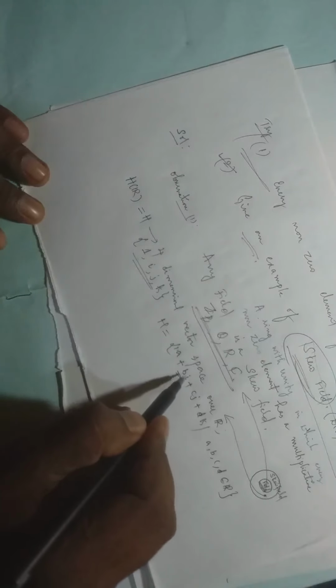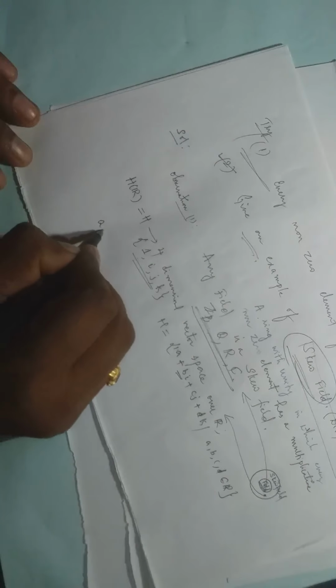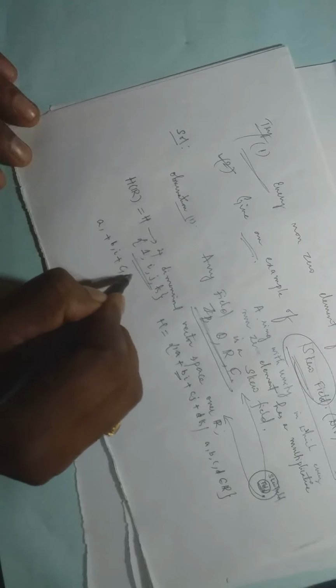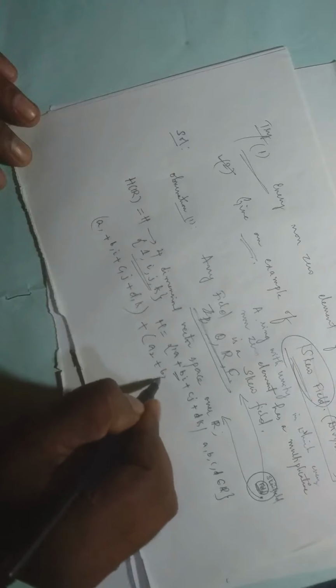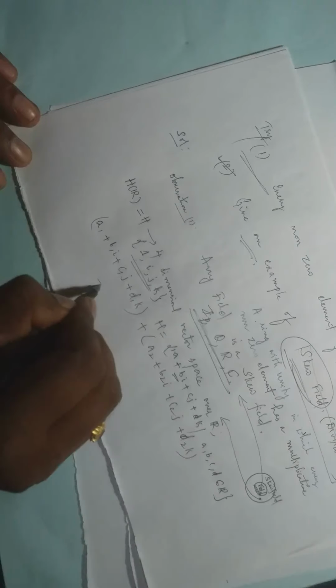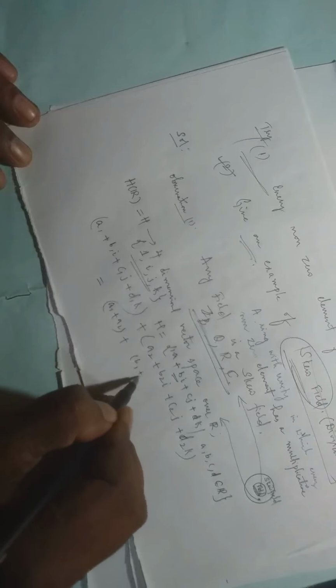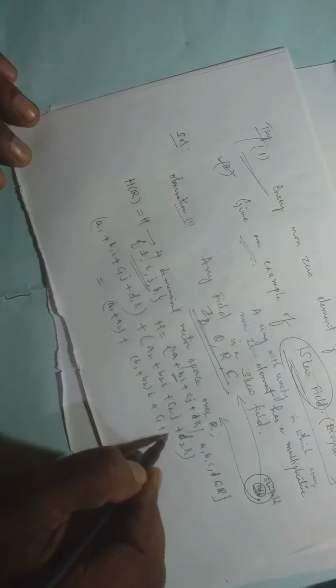Addition is defined as usual, component-wise. So if I have a1 plus b1 i plus c1 j plus d1 k, and another a2 plus b2 i plus c2 j plus d2 k, the addition is defined to be a1 plus a2, plus b1 plus b2 times i, c1 plus c2 times j, plus d1 plus d2 times k.